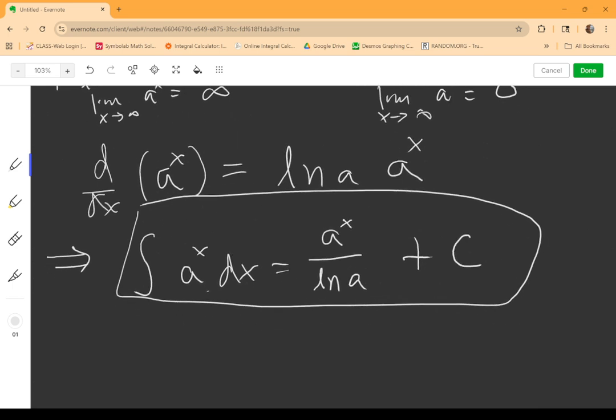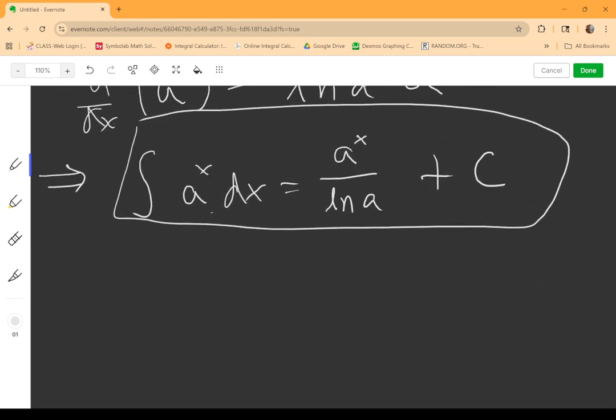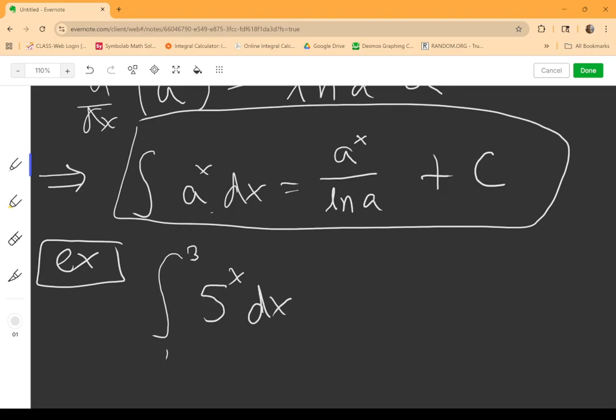So now working through an example here. Let's say we have the integral from 1 to 3 of 5 to the x dx. Applying the formula here, we'll have 5 to the x over natural log of the base, which is 5.